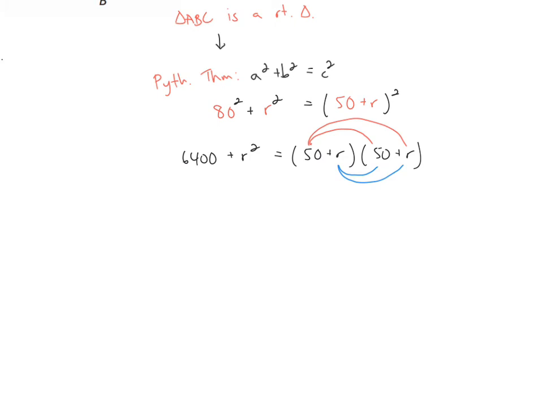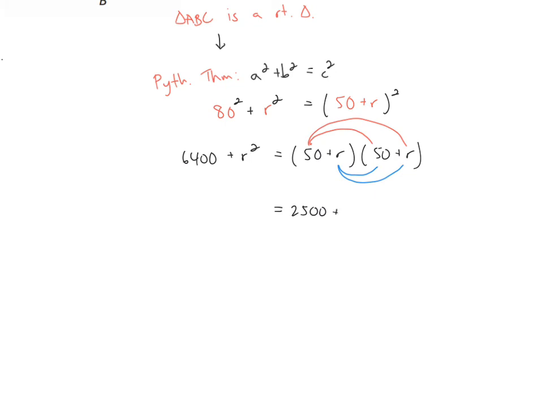Now what we're actually doing here though is multiplication. So let's multiply every single one of those following the arcs. The first one that I drew was from 50 to the other 50, which is 50 times 50. That gives us 2,500. And then we had to multiply the 50 with the second r.